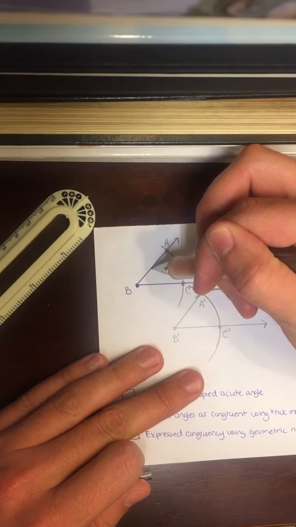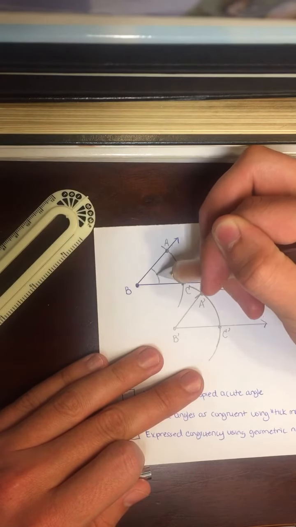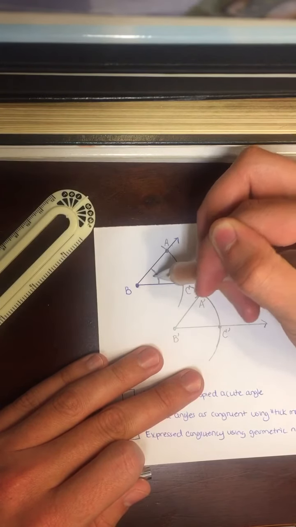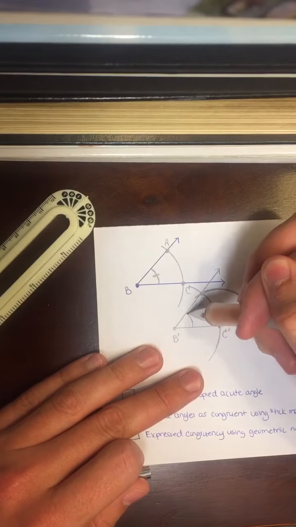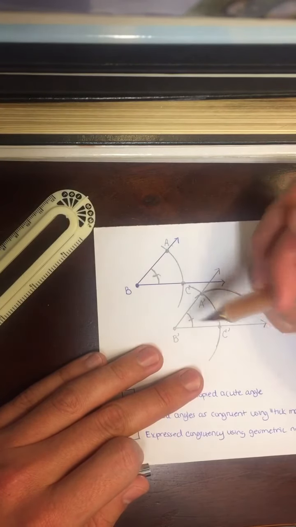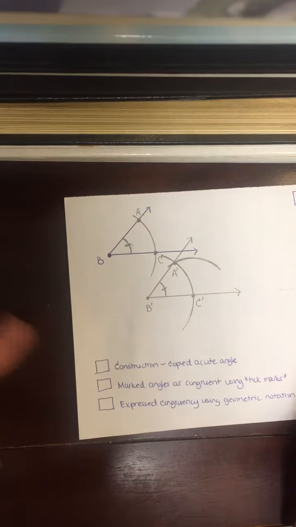If we were to measure this with a protractor, we would discover that these angles are exactly the same. There's a way that we indicate that using proper geometric notation, and I indicate that with tick marks. I've indicated one tick mark up above, one tick mark down below, and that indicates that these angles are congruent.